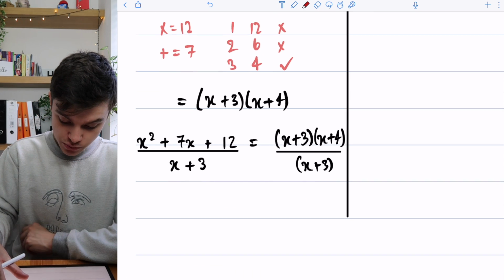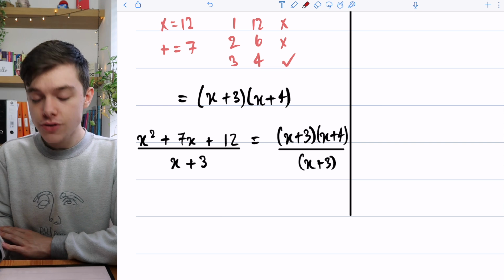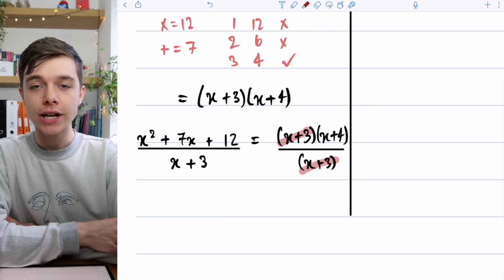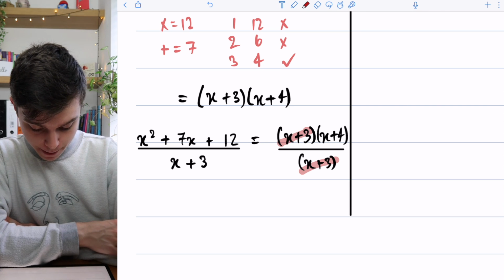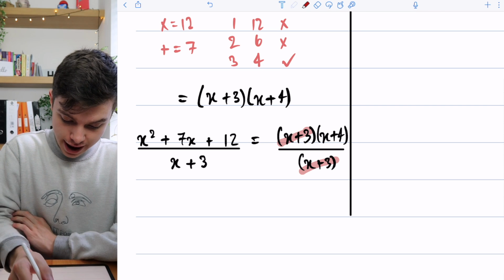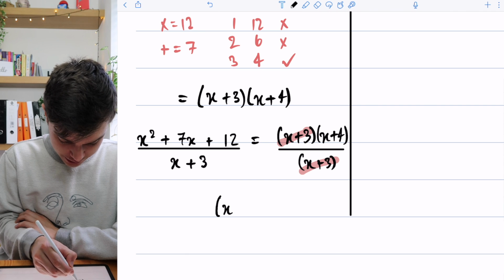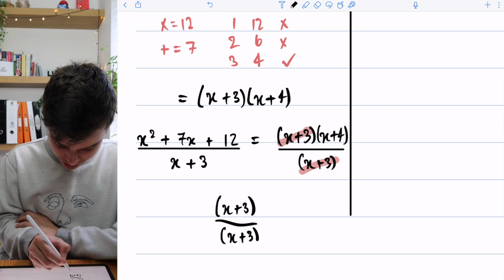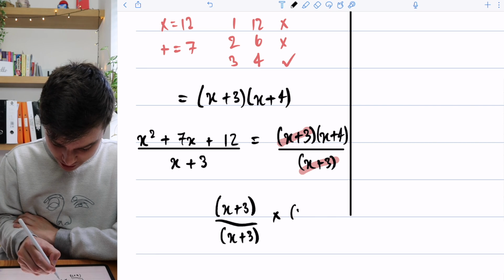So now what we can do is our division, and we can divide top and bottom by x plus 3, okay, they cancel each other out. Because what we really have is x plus 3 divided by x plus 3, and then we've got the times x plus 4.